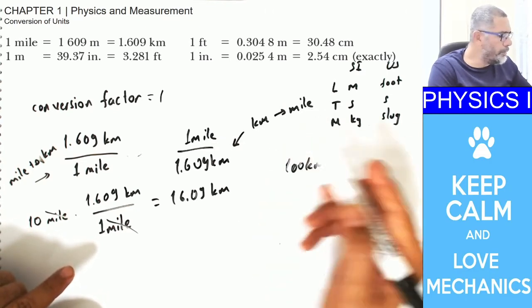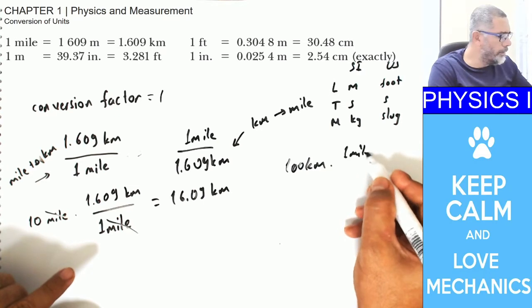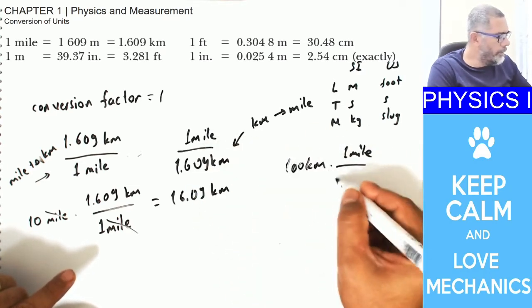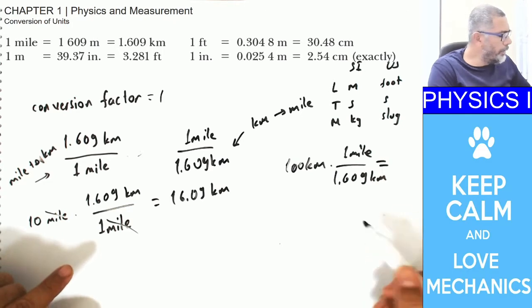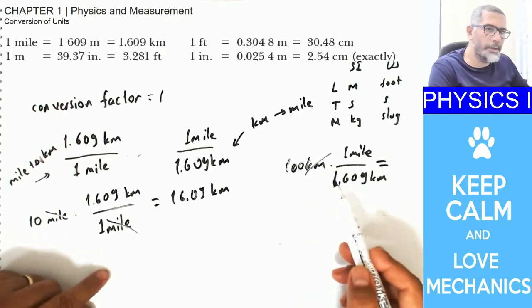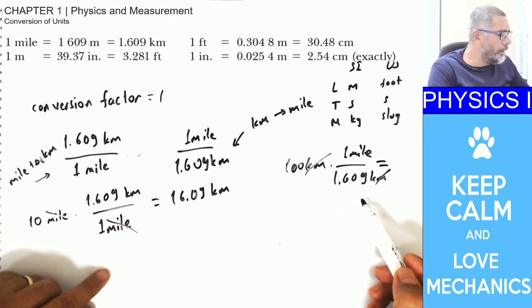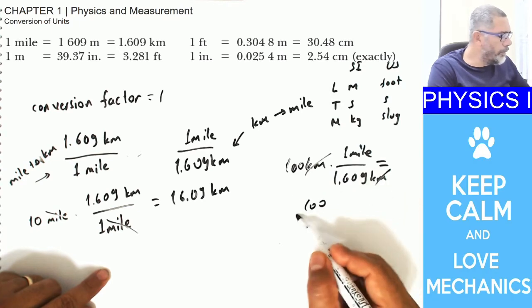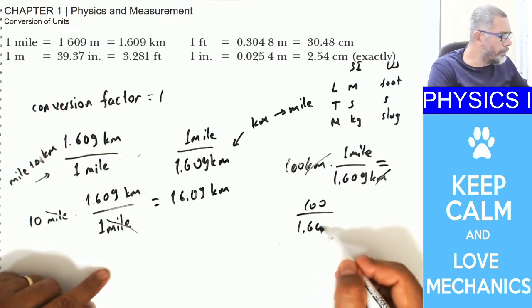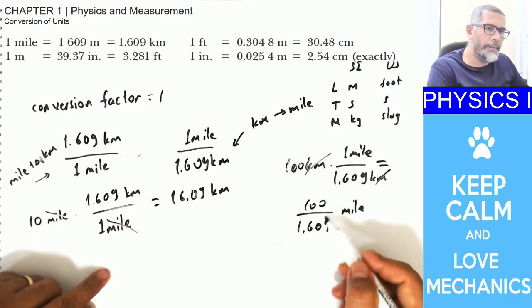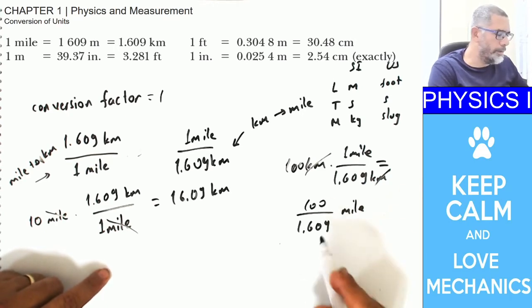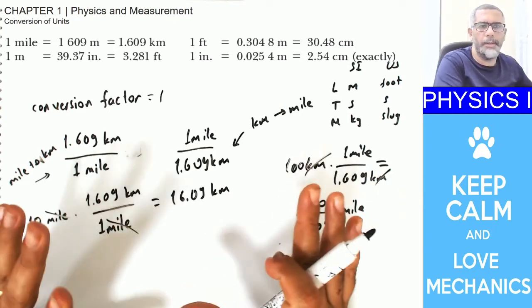So if you use 1 mile divided by 1.609 kilometers, this time the kilometers cancel out, and you have just 100 divided by 1.609 miles. Do this division in your calculator and you find it. So this is all about conversion factors.